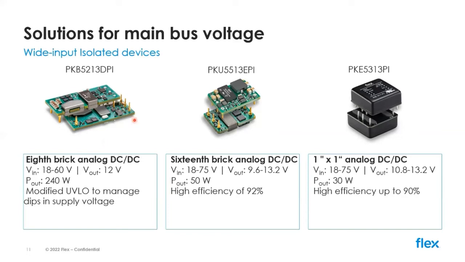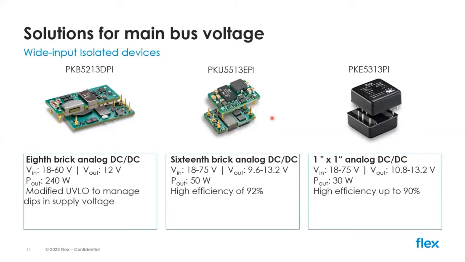We've made further modifications to the undervoltage lockout of this one to manage even lower dips in the voltage supply. So while it operates at 18 volts, it can operate for short periods at even lower voltages without the module turning off. That can be quite useful in quite noisy environments in terms of input voltage.